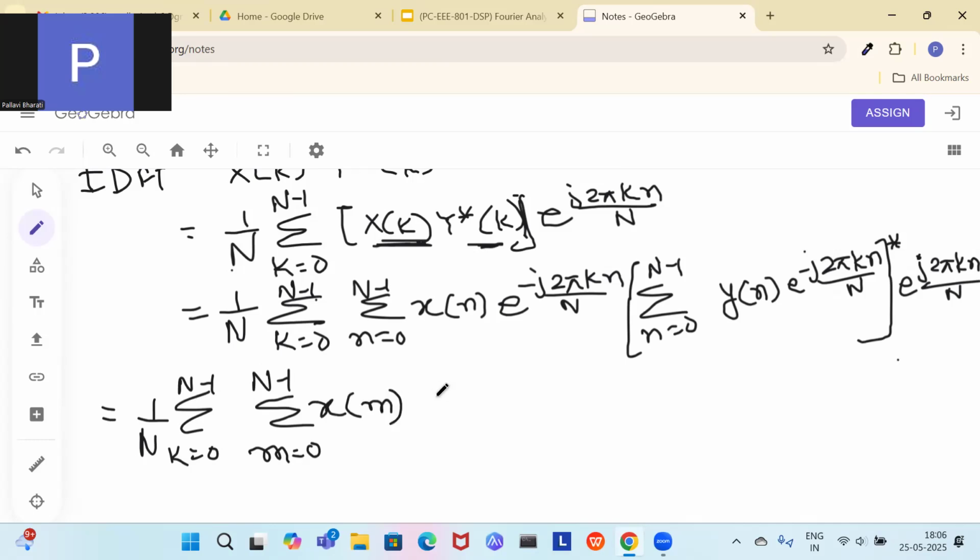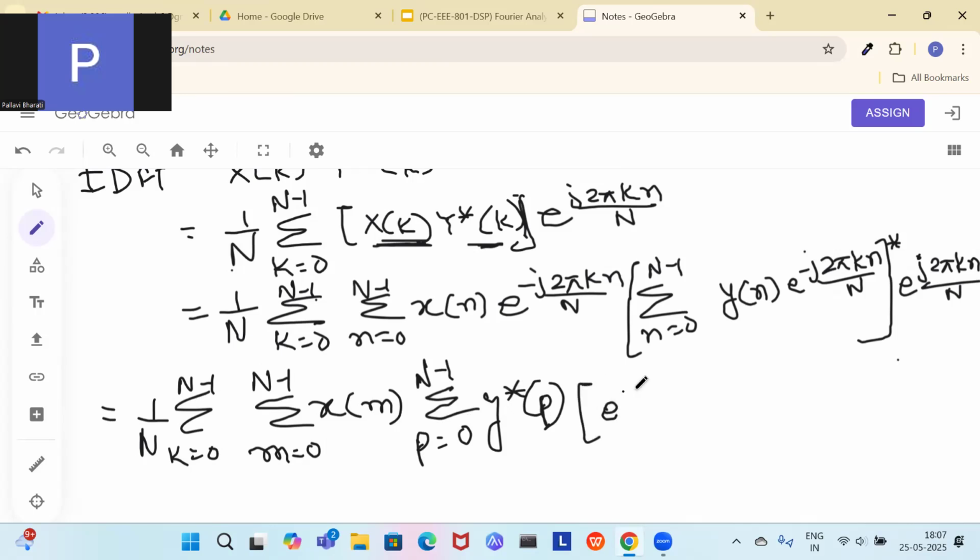The next one, let us take this one as p. So p equals 0 to N minus 1, y star [p]. At the same time, I am going to write all the e to the power terms together.